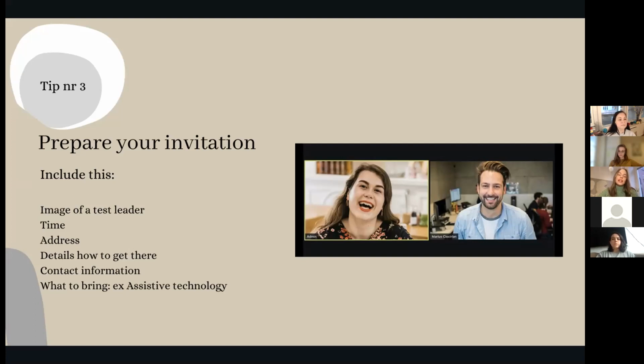If you can't do that, include an image of the test leader, how long it's going to last, an address with direct access details, and meet people downstairs. Also make sure that the rooms are accessible. If we are a bit selfish, we don't think automatically about these things, but make sure the rooms are accessible as well. And the last is to actually ask them to bring any assistive technology, like a screen reader.